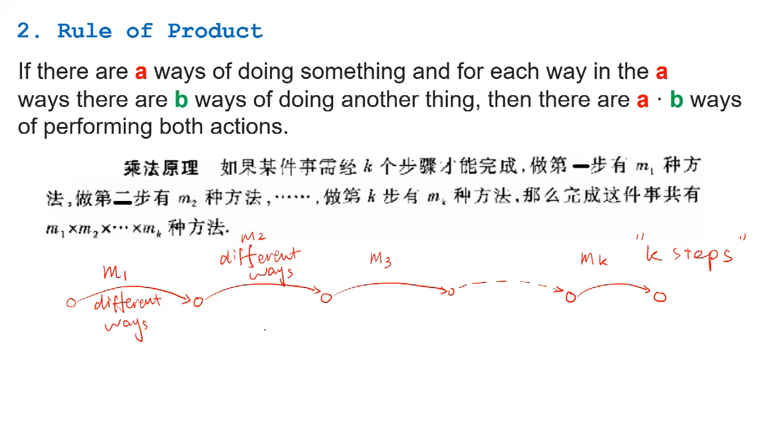So what is the total number of ways you can complete this task? According to the rule of product, we need to multiply these numbers together. So this is the total number of ways you can complete the whole task. Understand?